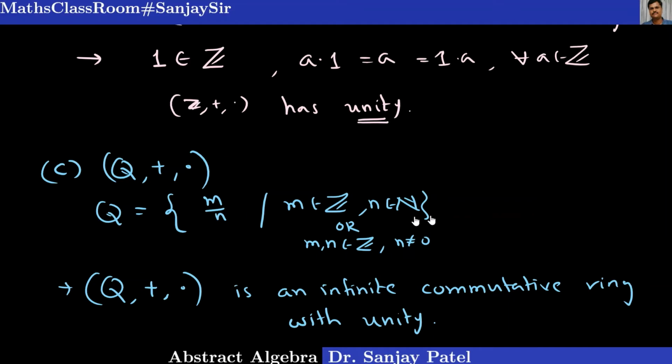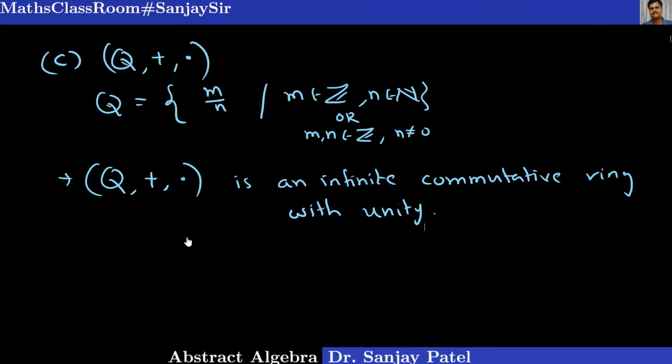The rational number 1, which is expressed as 1 upon 1, is the unity element of this ring. And it satisfies all the conditions, and product of two rational numbers is commutative.